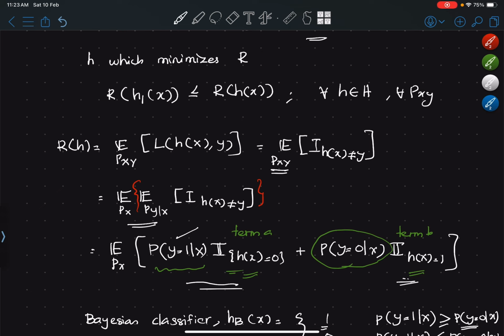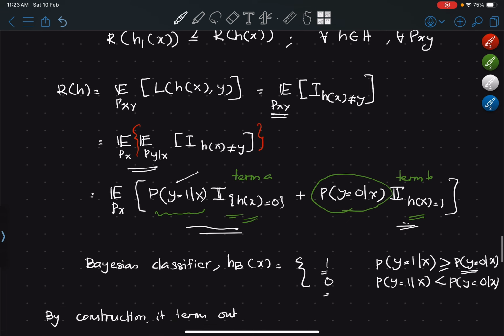First thing we have to notice here is that the L01 loss can be represented as an indicator random variable when h of x is not equal to y. And we have used Bayes law to express this probability as the product of a prior and a conditional.